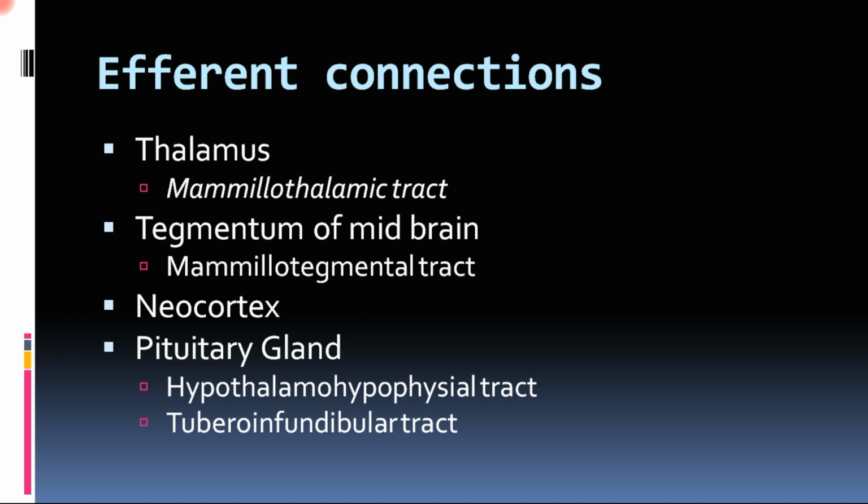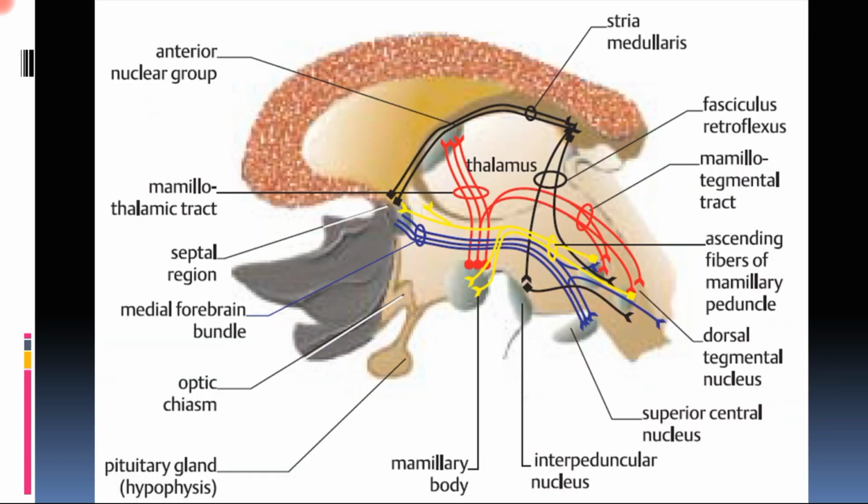Then the efferent goes to the thalamus with the help of the mammillothalamic tract. As we can see here, from the mammillary body there is the mammillothalamic tract. This red colored tract here is the mammillothalamic tract, and it makes the efferent from the mammillary body of the hypothalamus to the thalamus.